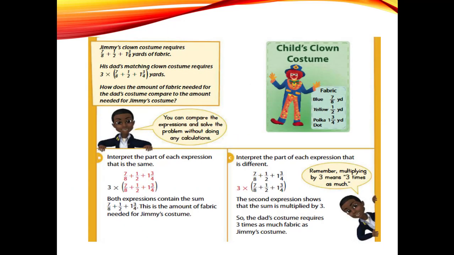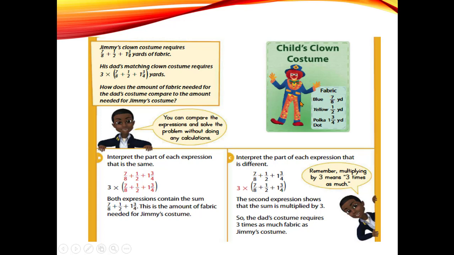In this example, Jimmy's clown costume requires 7/8 plus 1/2 plus 1 and 3/4 yards of fabric. So this is the clown, and it requires 7/8 yards of blue fabric, and half a yard of yellow fabric.